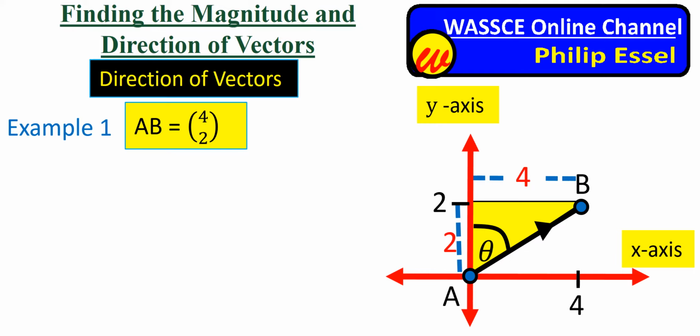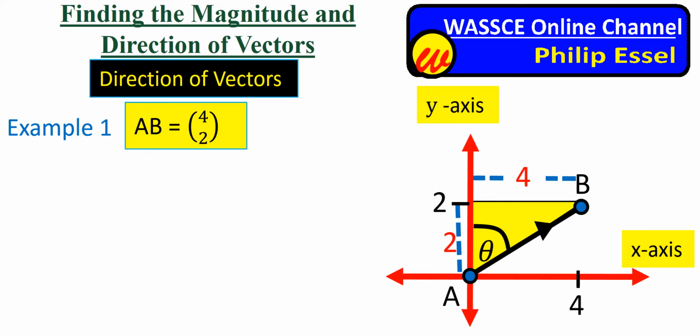So we have a right angled triangle with one of its internal angles being theta, the opposite side 4 units, and the adjacent side 2 units. We are going to use this information to look for the value of the angle theta, which also represents the bearing of the vector AB.